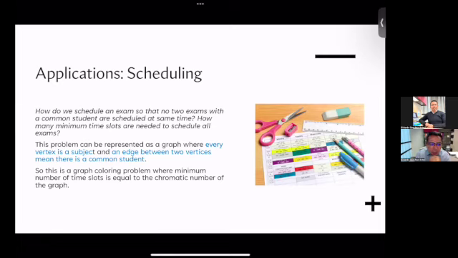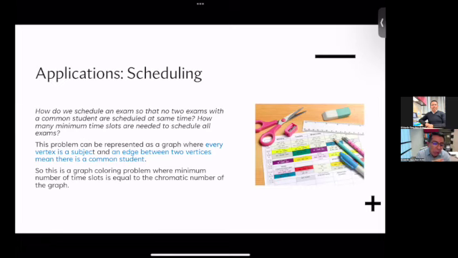And there are many applications of this problem. One of them is in scheduling. So let's suppose that we are generating the exam schedule for the whole campus.